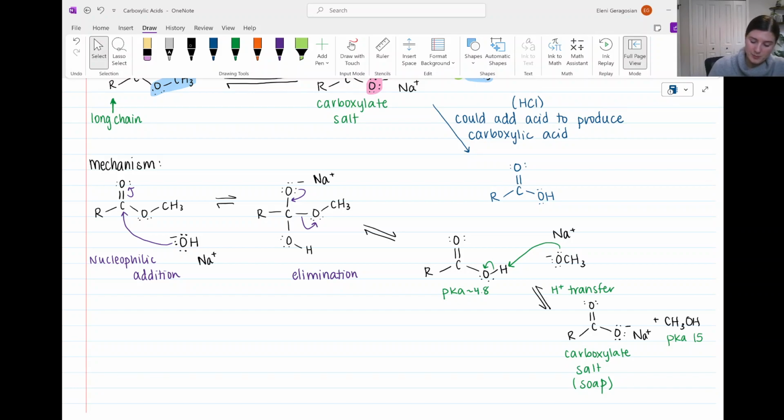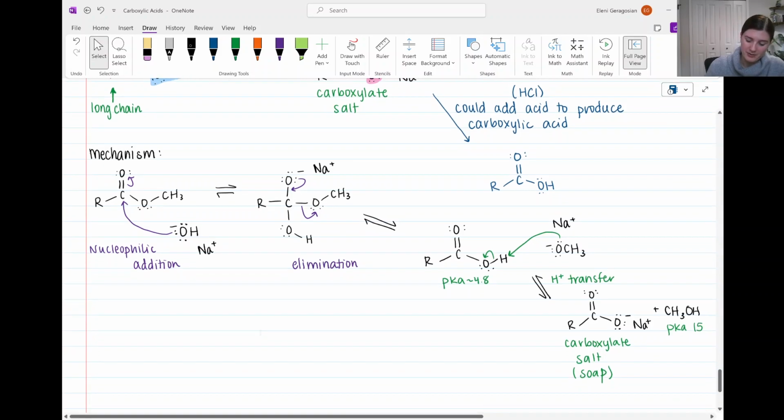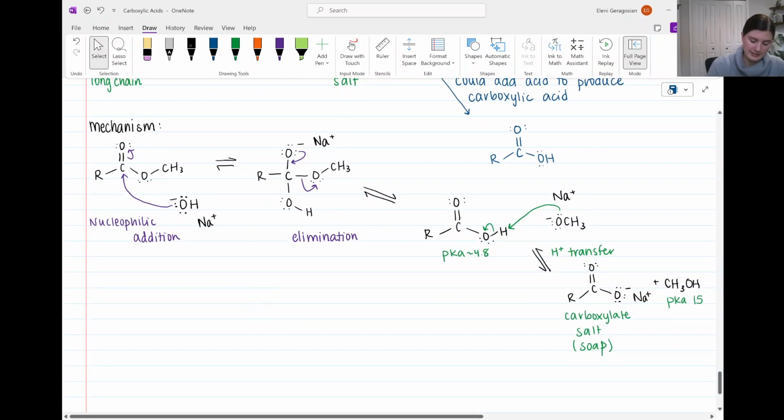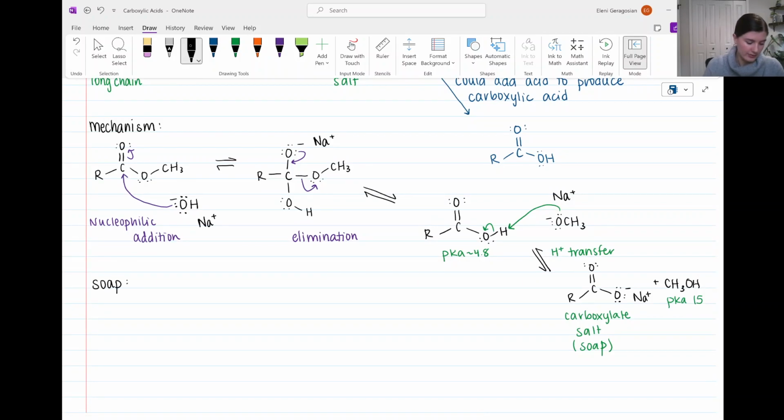Now here's a real example of a carboxylate salt as a soap, something that you might see present in the ingredients list of your soap. And of course, we have the carboxylate salt part of the molecule.